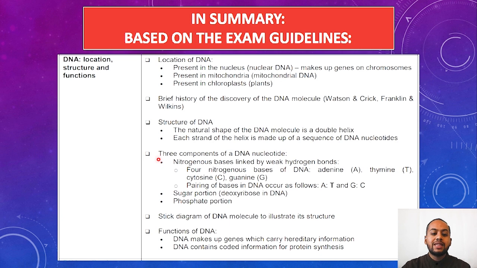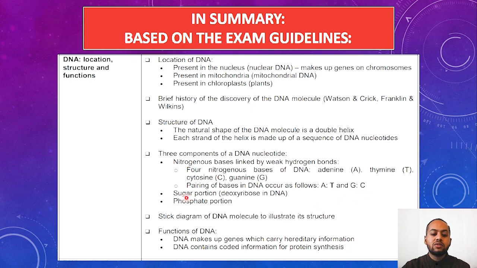We said that there are three components in the DNA nucleotide. The nitrogenous bases were linked by weak hydrogen bonds. There are 4 nitrogenous bases: adenine, thymine, cytosine, and guanine. The pairing of the bases in the DNA occurred such that adenine paired with thymine, and guanine paired with cytosine.